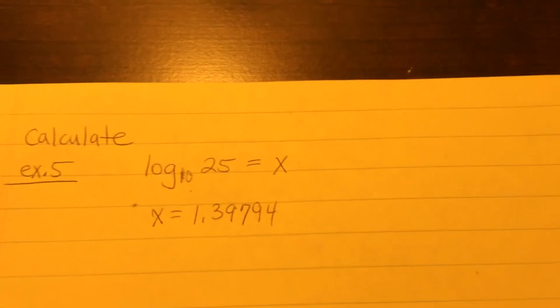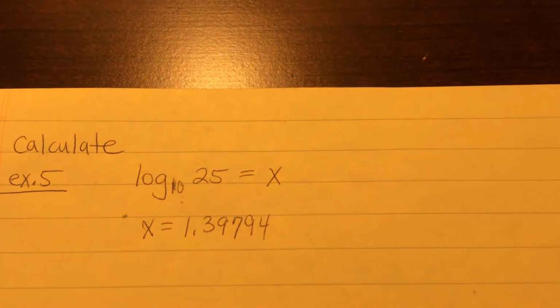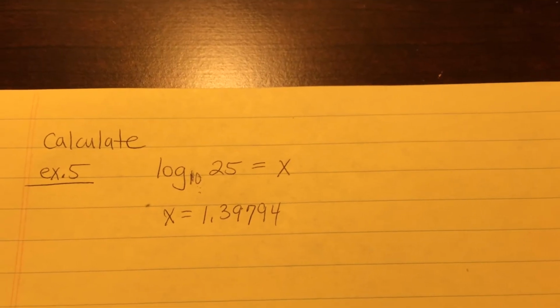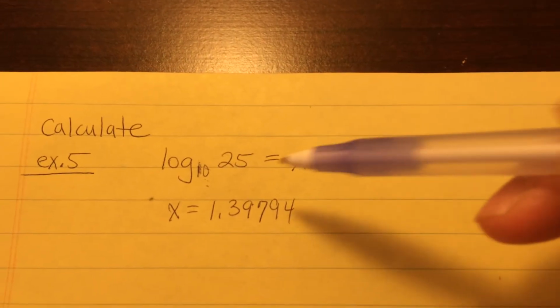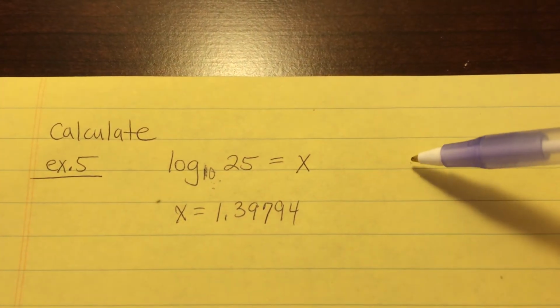Now let's say it was not a base 10 right there, and it was a different base, and I had to change the format. So let me show you how that works. Whenever you're doing the calculations, and let's say it's a different base number right here, what you're going to have to do is put it into exponential form.